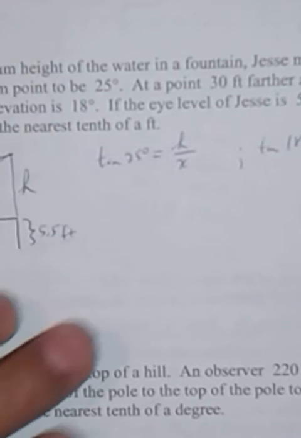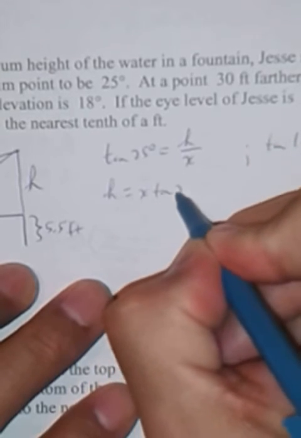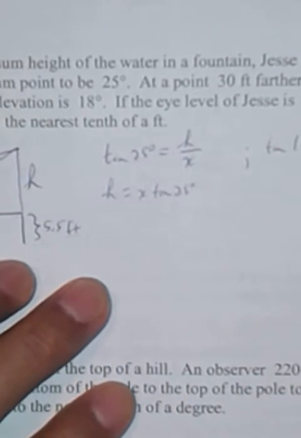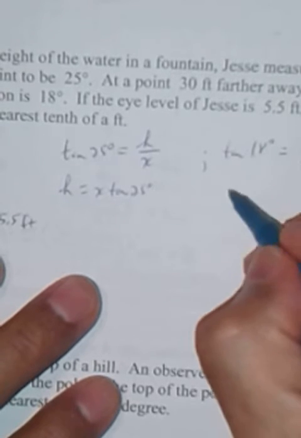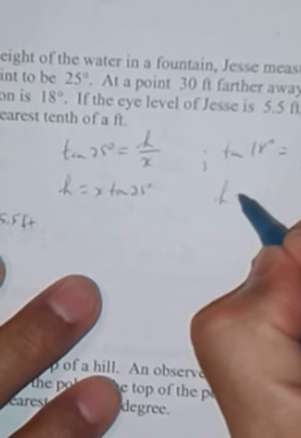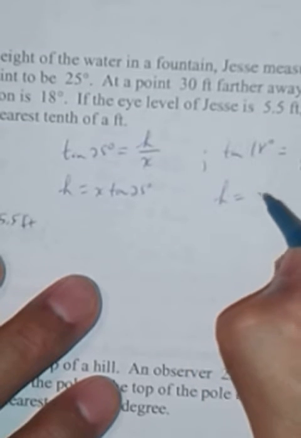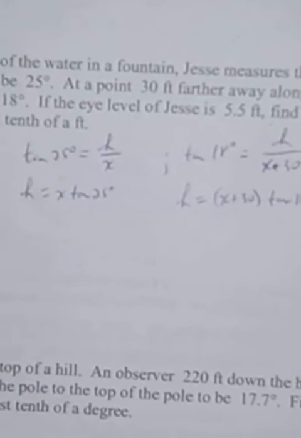We solve both for h, so we have h equals x tangent of 25 degrees. And on the other one, we multiply times x plus 30, so we have h equals x plus 30 times tangent of 18 degrees.